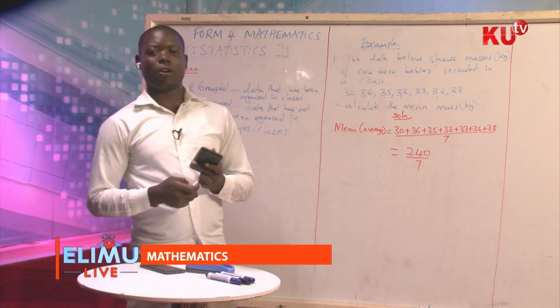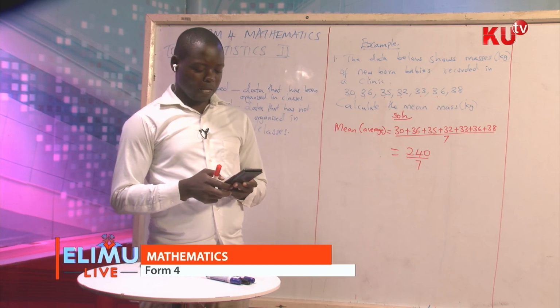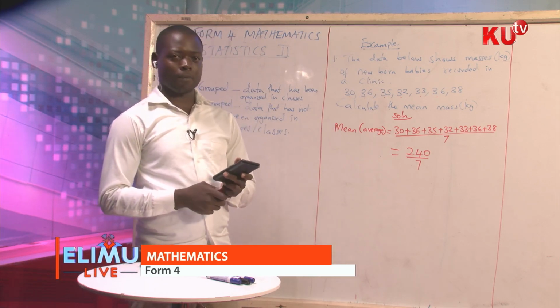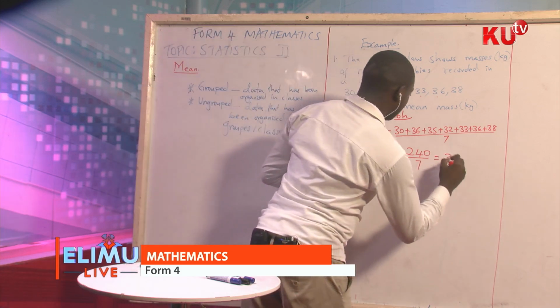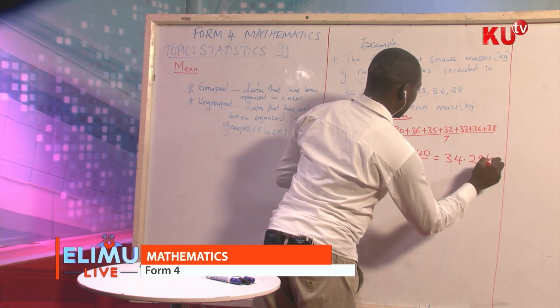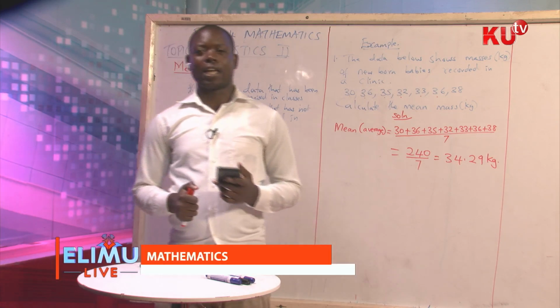Good. Let's go back to our calculators. 240 divided by 7. What's the answer? Good. The answer is 34.29 kilograms.